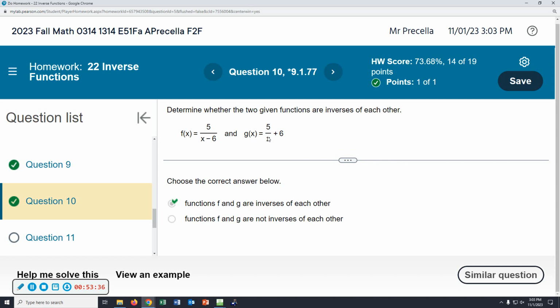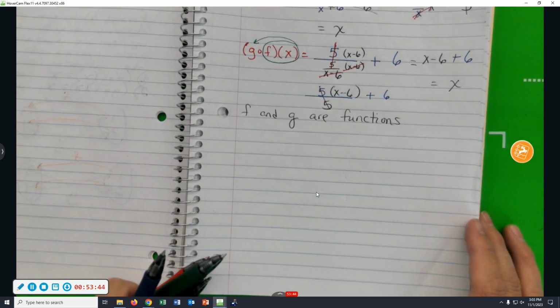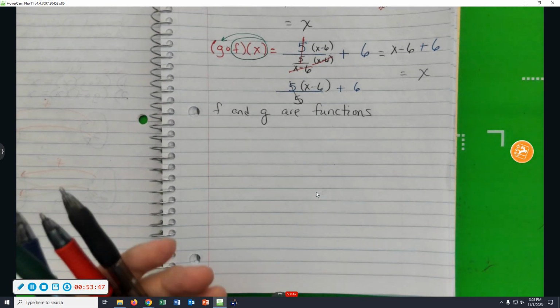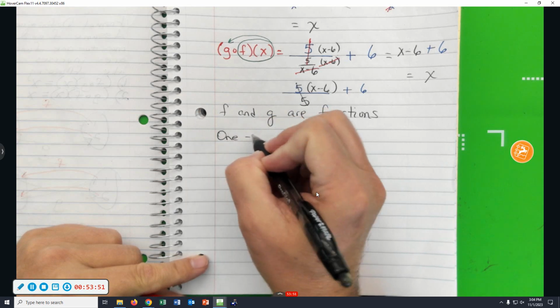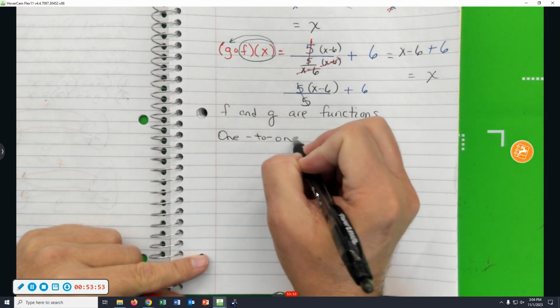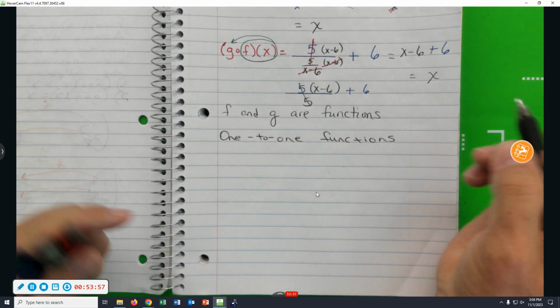In order to find inverses, we're not going to find inverses unless the functions are one-to-one. So I want to discuss a little bit more about one-to-oneness before I write out how you find an inverse. Remember, for one-to-one functions, we work with functions in 3 different ways.